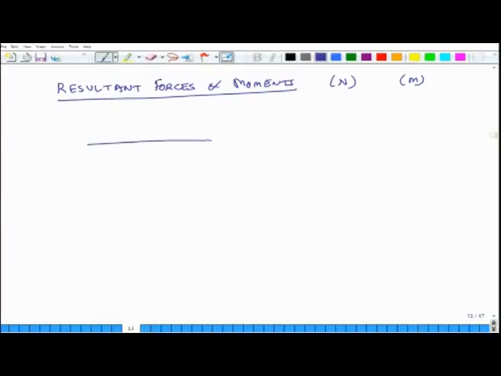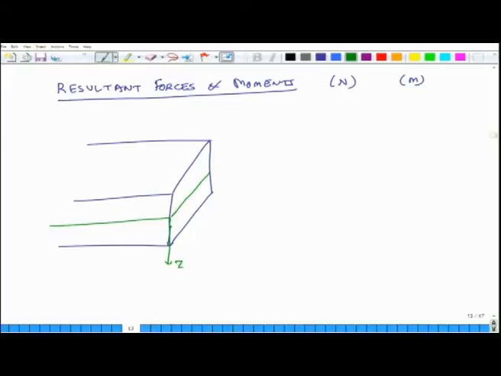So, suppose you have a composite sample, this is my mid plane, okay. This is my z axis, let us say this is x, this is y.